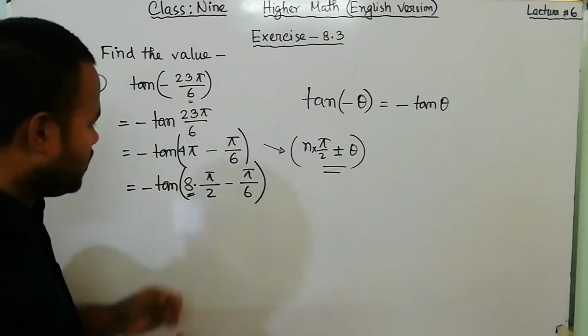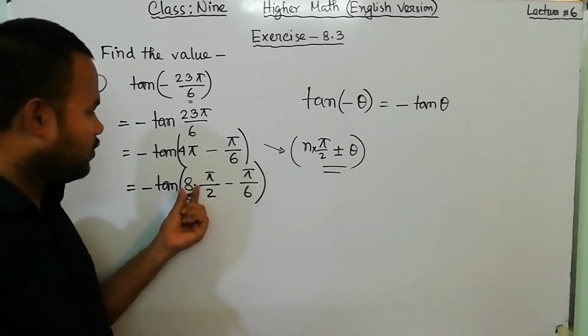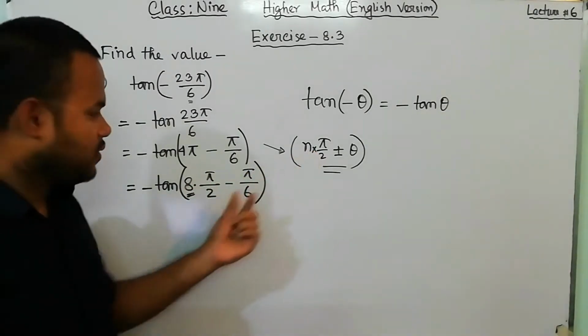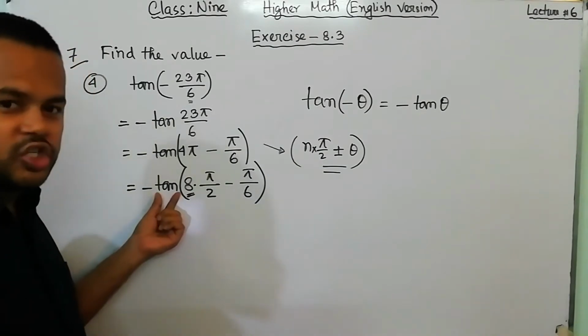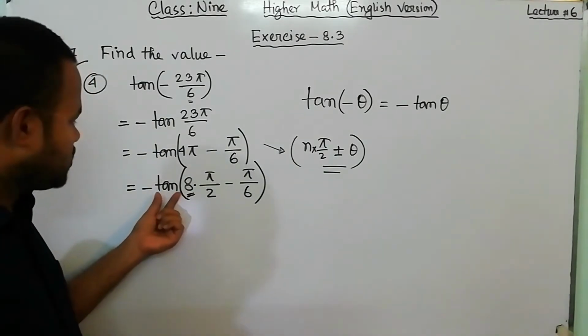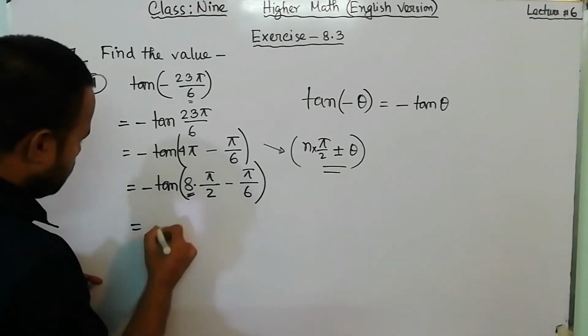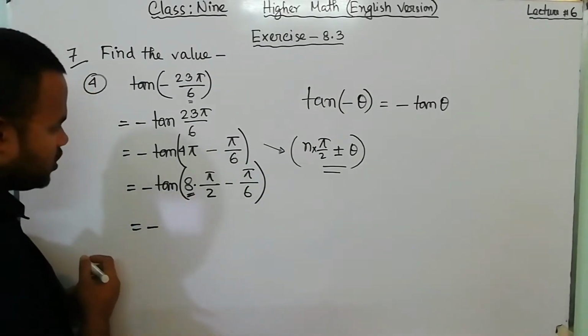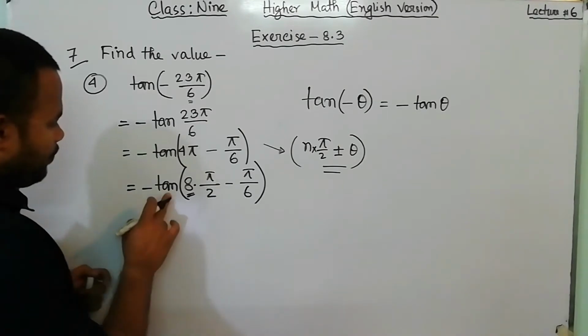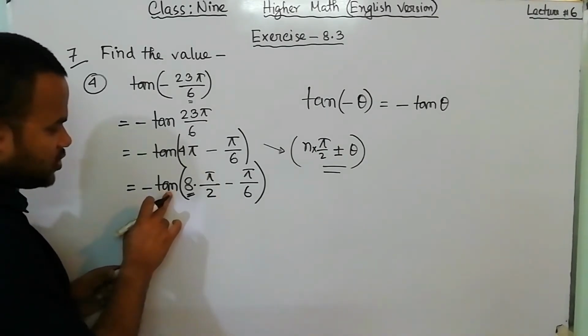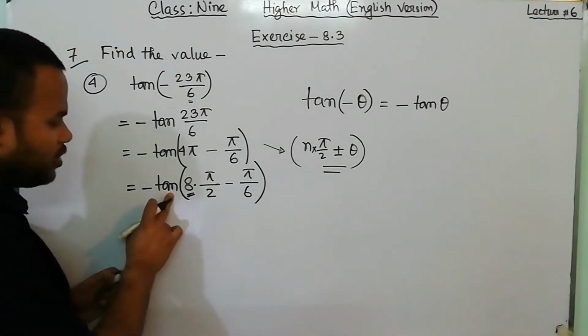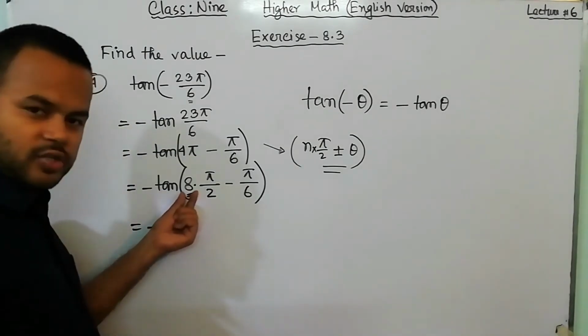We already know that if the value of n is even, then the trigonometric ratio will not change. This term will remain the same, so put minus here. This tan will not change because of 8.